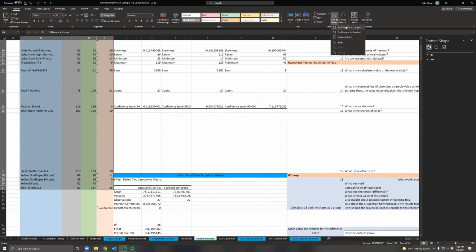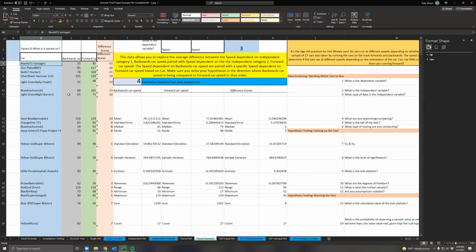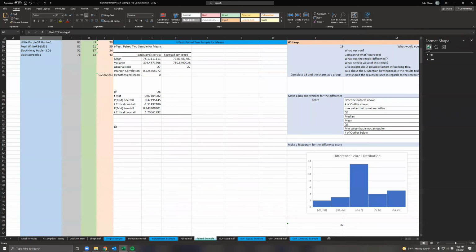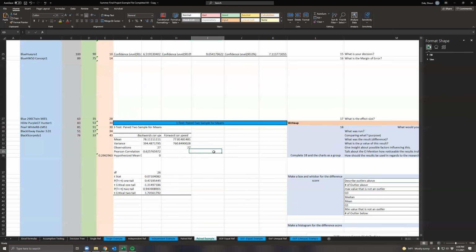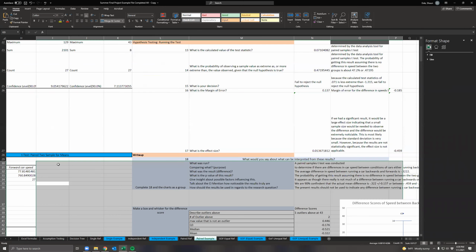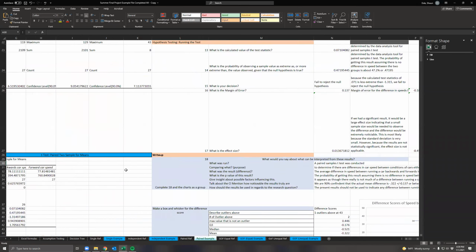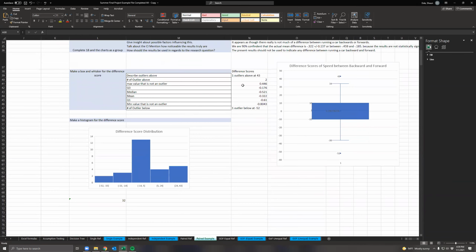Filter, smallest to largest. There we go. So anything below negative 36 is just this one, and anything above 34, let's just come over here and make sure. Yep, anything above 34 are outliers. Looking over here, there's only one above and only one below, so there's a total of two outliers.